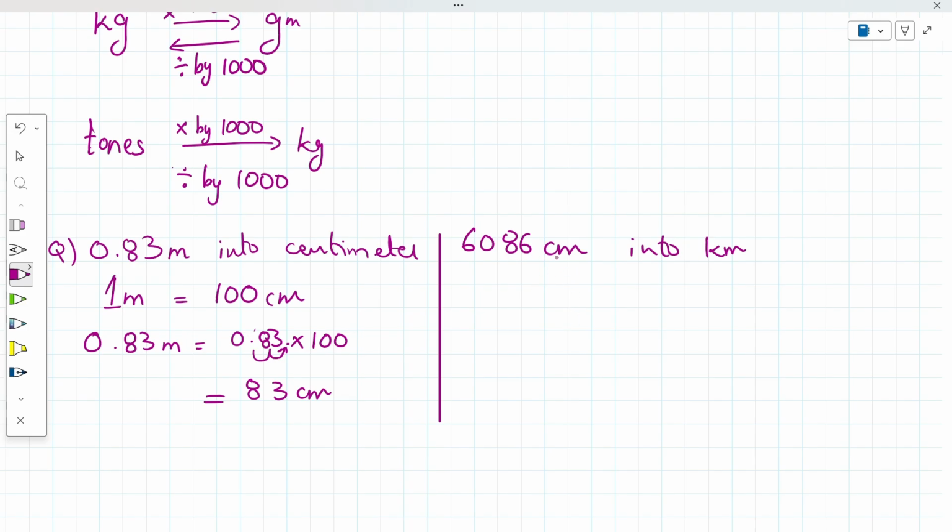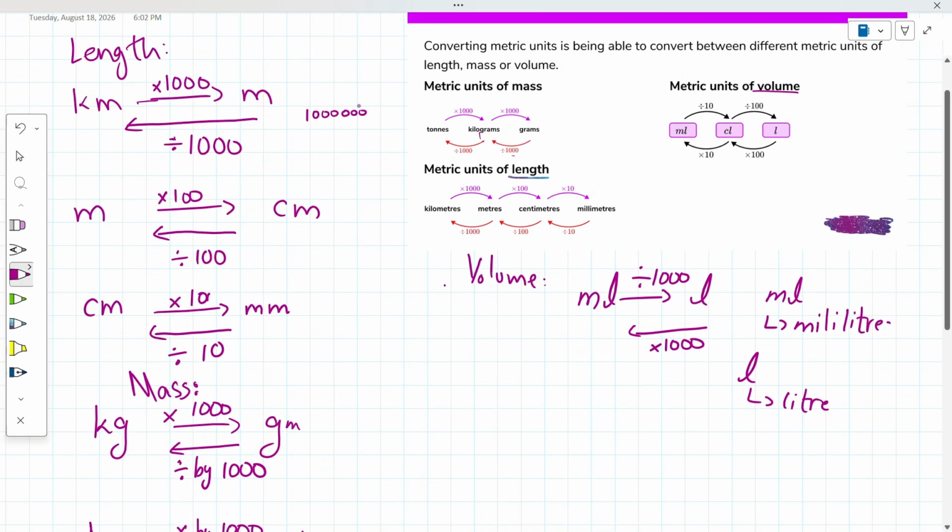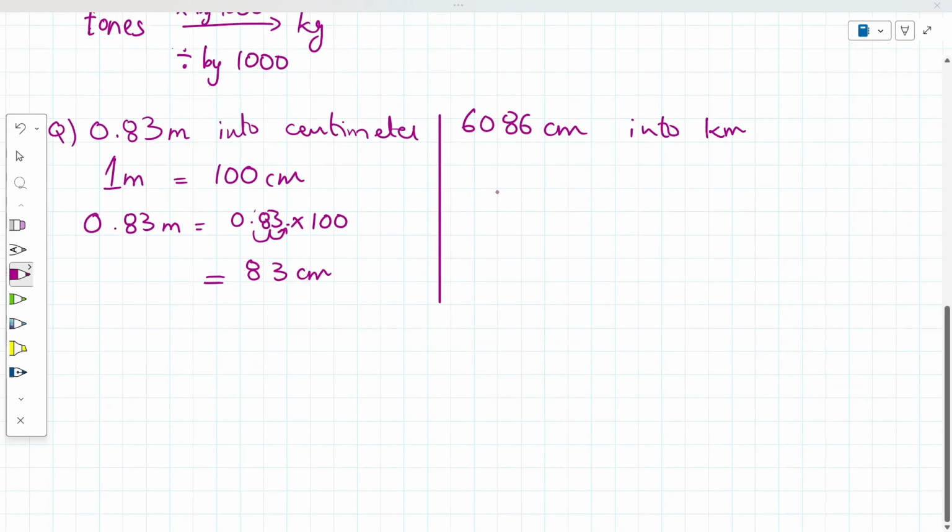This is a smaller unit and we have to go to a bigger unit, so we divide.